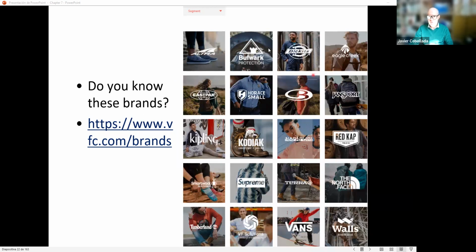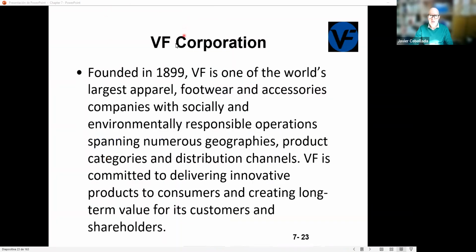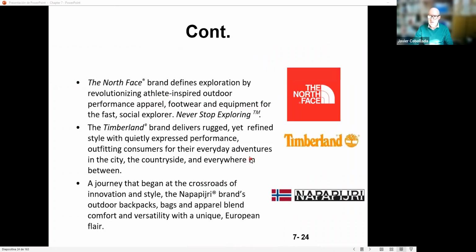But probably you didn't know that all these brands belong to the same company, which is VFC. VFC is a company that sells apparel, footwear, and accessories, and has different brands targeting different groups of consumers based on psychographics.